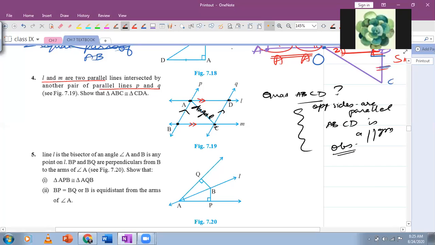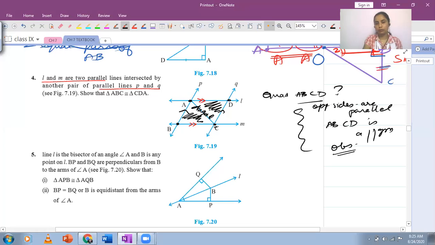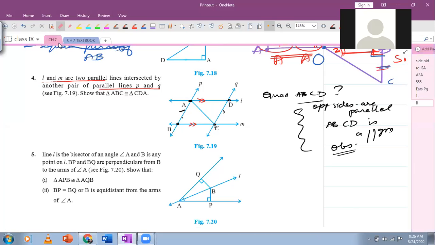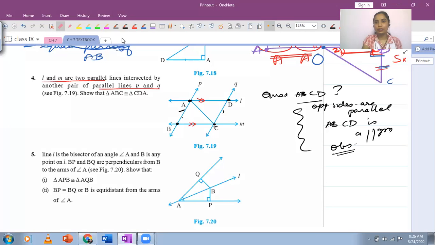So we want to prove that the triangles on either side of this diagonal, one triangle on this side, ABC, and one triangle on the other side, ADC. I'll just name the triangle simply ABC and ADC. I want to prove that these two triangles are congruent. The triangles which are on the opposite side of this. That's fine. You have already answered, Taranpreet.